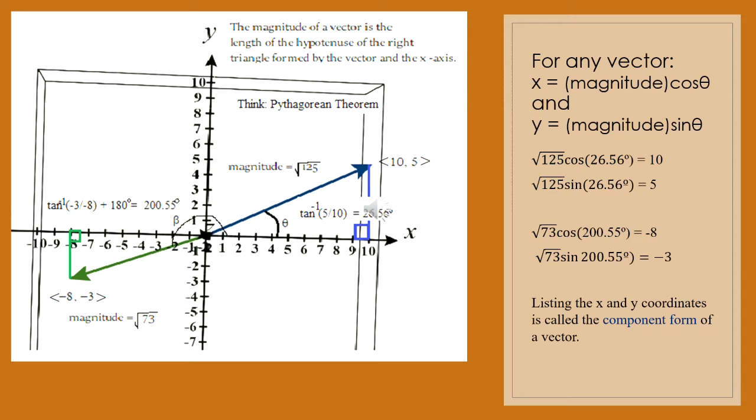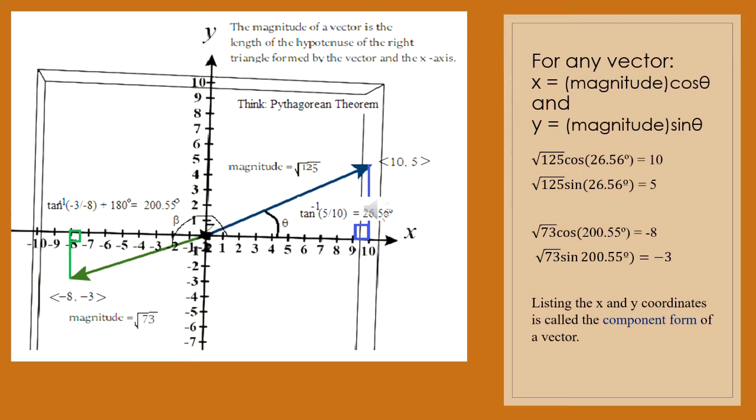The standard is to measure from the positive x-axis counterclockwise. So unless you're told otherwise, if you are given an angle for a vector, you should assume it's measured from the positive x-axis counterclockwise. However, you might see diagrams in which you're measuring headings or bearings, and they're measured from north or the y-axis clockwise.